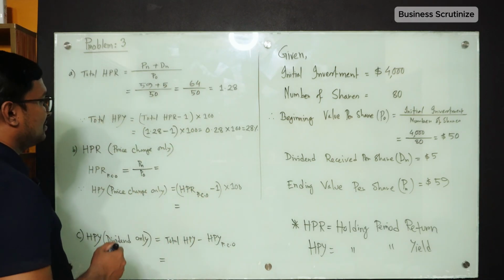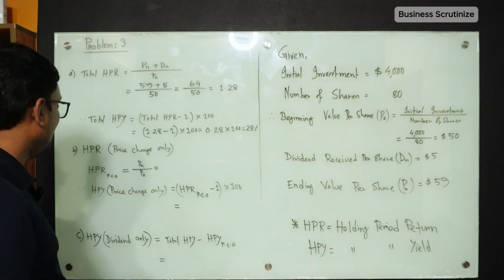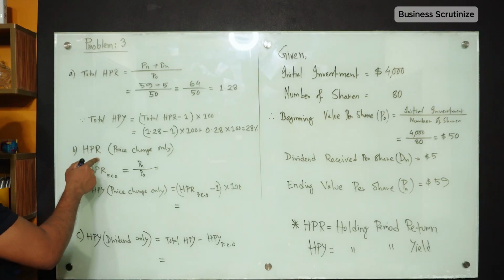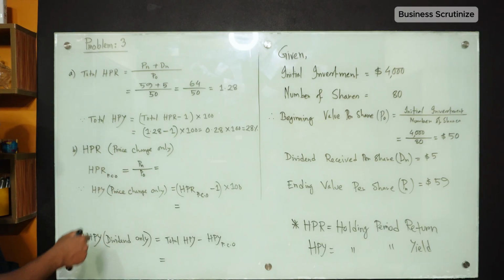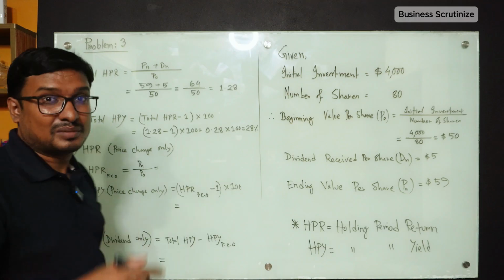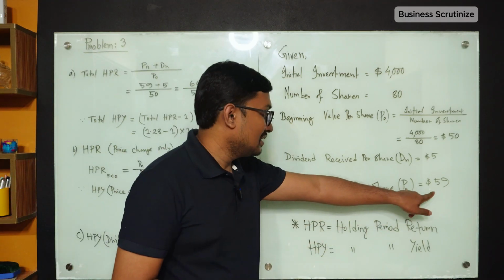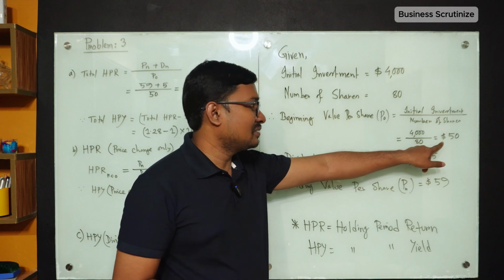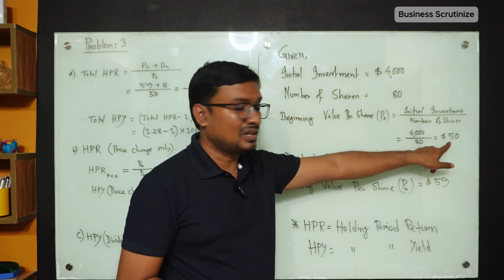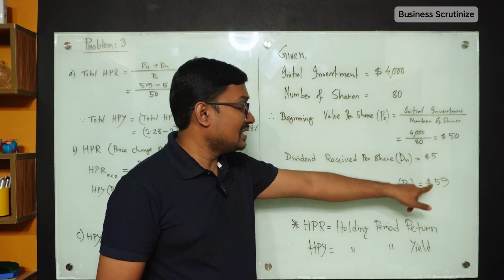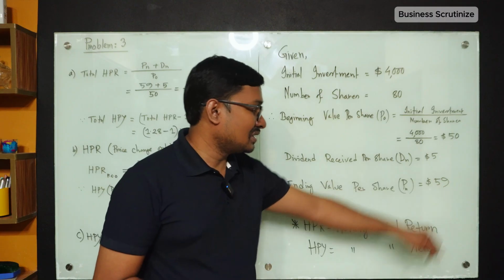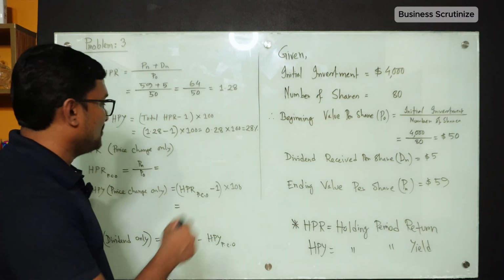Considering this requirement, we will move forward to compute the next requirement, which is HPR when price change only. There we will consider only the price. The initial price per share is $50, and it changes to $59.